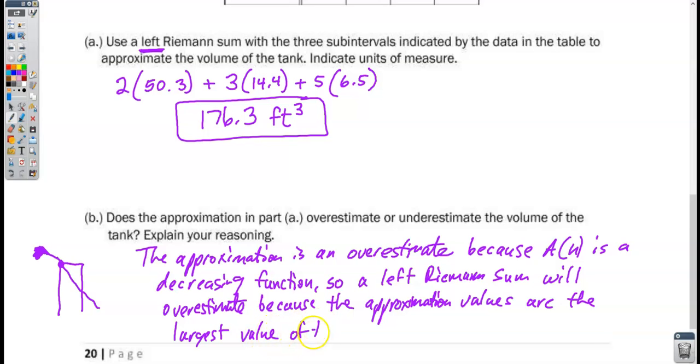I don't think I have to write this much, but I got a little wordy here. I think you can probably get away with saying that it's an overestimate because the function's decreasing and you're using a left Riemann sum.